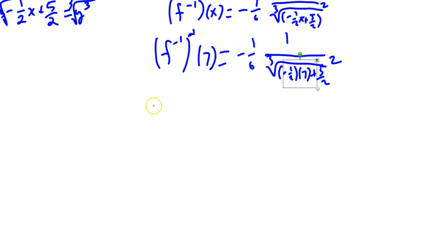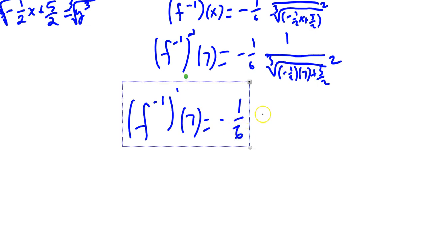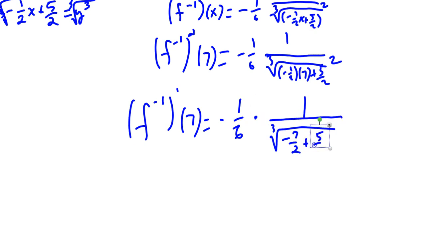So actually I'm going to write a little bit bigger here. So I get f inverse derivative at 7 would be -1/6 times, in my radicand here, I've got 7 times -1/2, which becomes -7/2 plus 5/2, and then squared, all right?